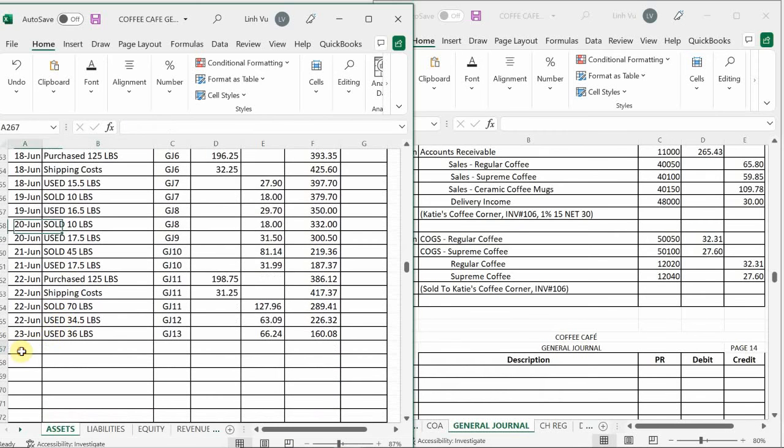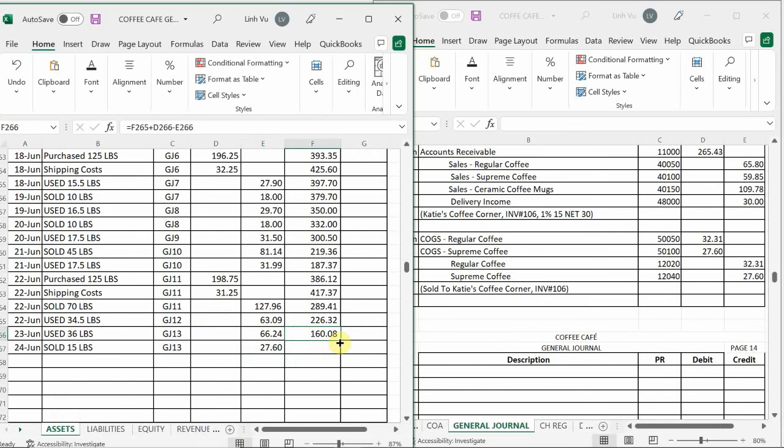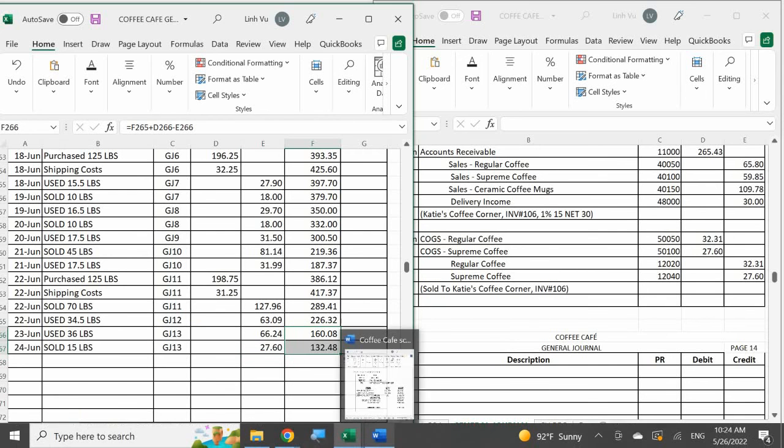And then last but not least, we need to update that I sold 15 pounds to Katie's Coffee Corner for $27.60. Okay, so that should leave me with 132.54.